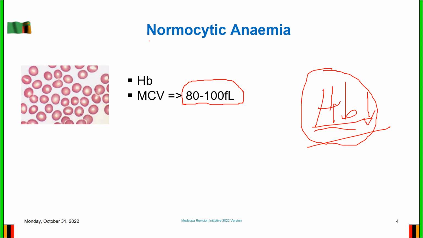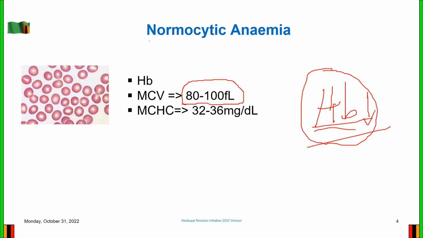Hence, that's the reason why we have adopted 80 to 100 femtoliters as the normal size of a red blood cell. Now, our objective for today, we are classifying anemia based on the size and the color. Okay, so normocytic anemia, we have addressed it.